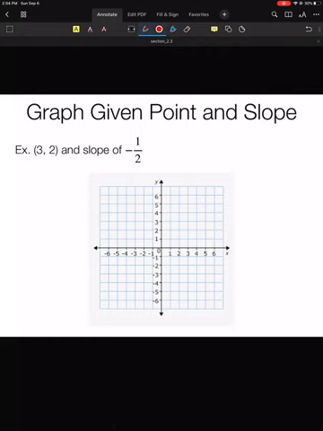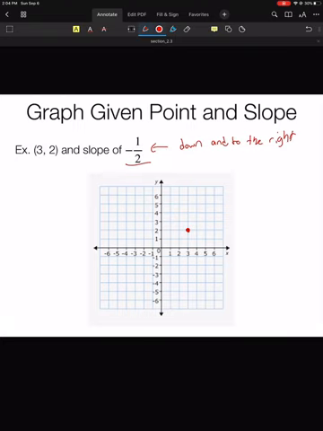So for instance, here is an example with 3, 2 again, but now I have a slope of -1/2. From our intuition before, with a negative slope, I'm going to have a line that goes down and to the right.